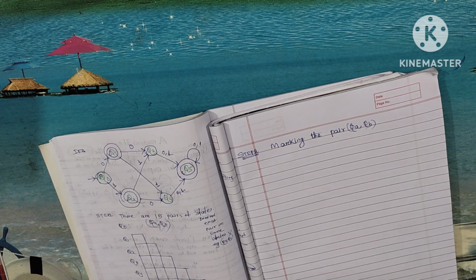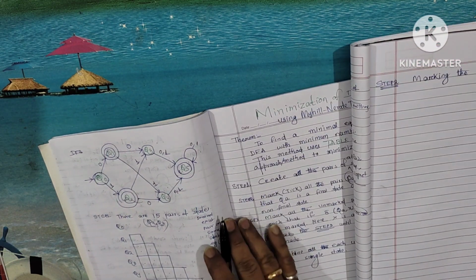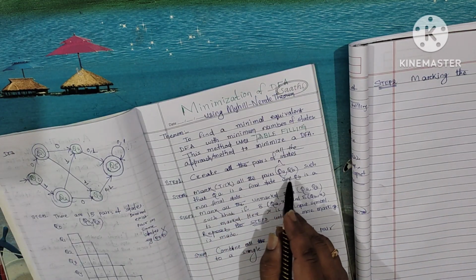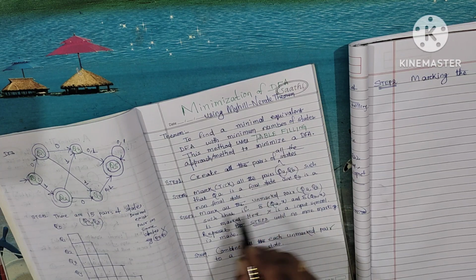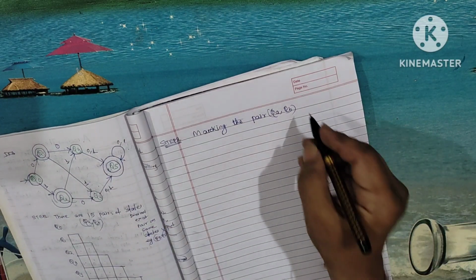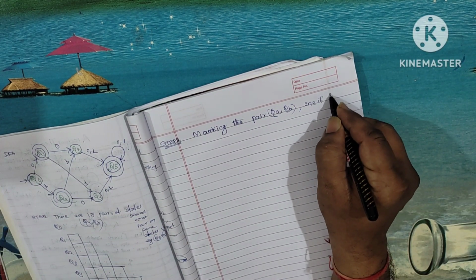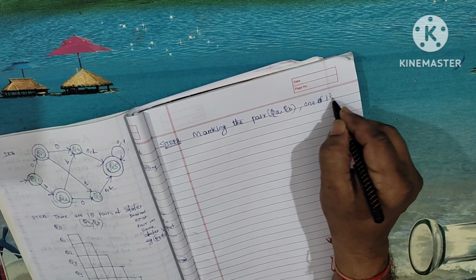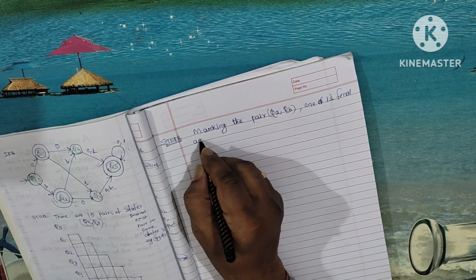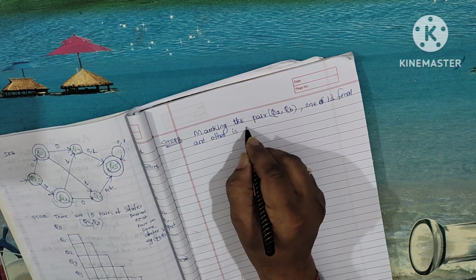As I already told you, we create the pairs of all the states and mark the pairs such that one is final and the other is non-final.